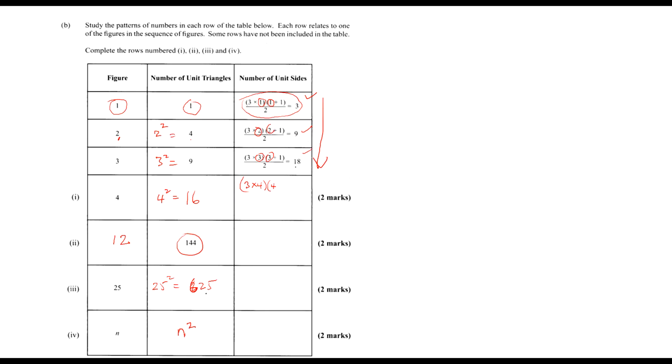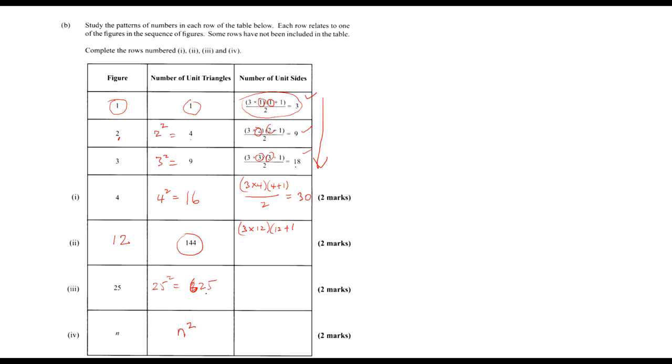multiplied by 4 plus 1, all over 2. That will give me 4 3s are 12, 12 multiplied by 5 is 60, divided by 2, and I will get 30. So if we want to work out for figure 12, it'll be 3 multiplied by 12, multiplied by 12 plus 1.